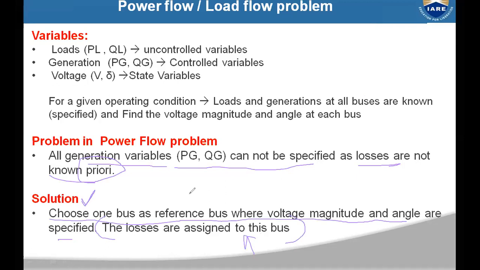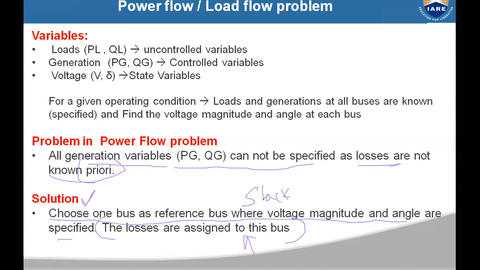Out of all the buses, one bus you consider as the reference bus. That bus is called the slack bus. Slack bus or reference bus, you can use both names.